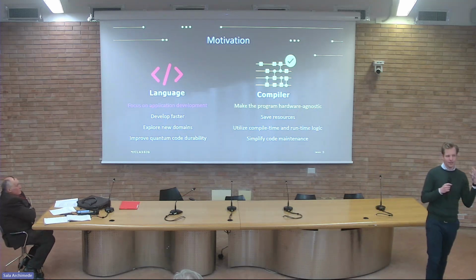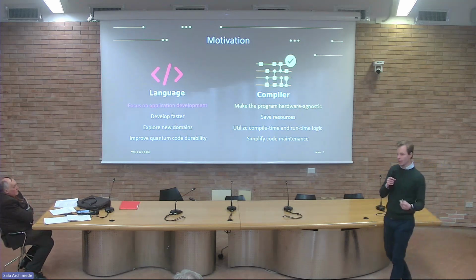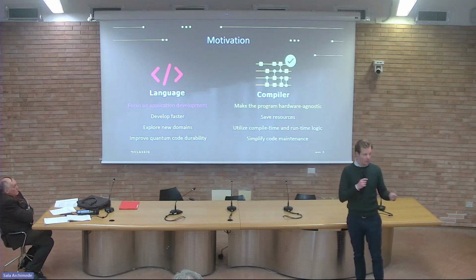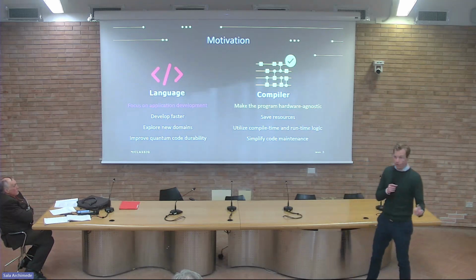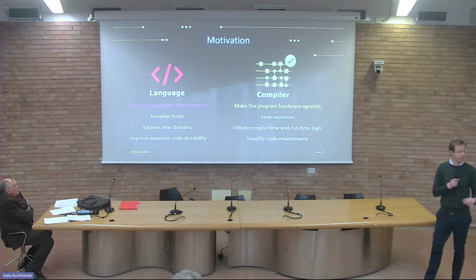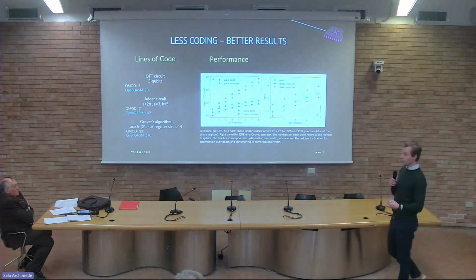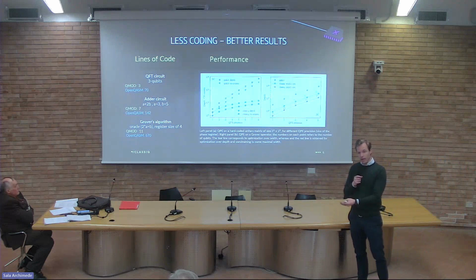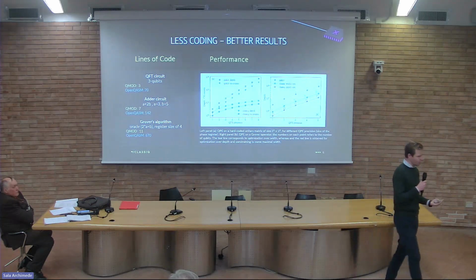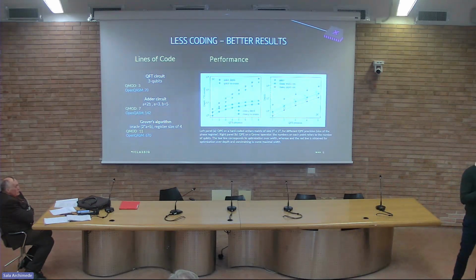And we believe that this is necessary to actually have quantum advantage for everybody, because coding in a low-level gate-based language is simply not scalable. And our platform also shows that using a compiler has way better performance than people are doing themselves.